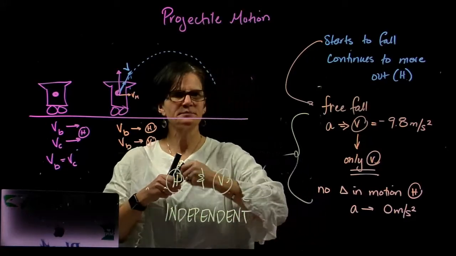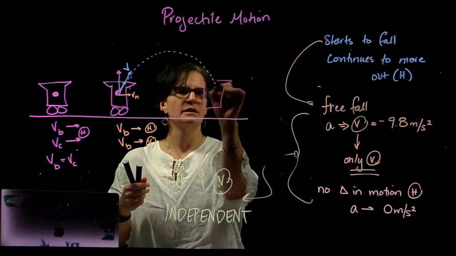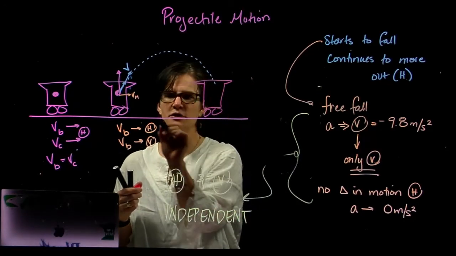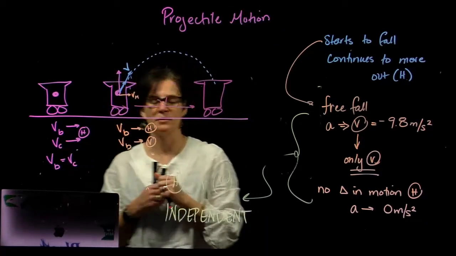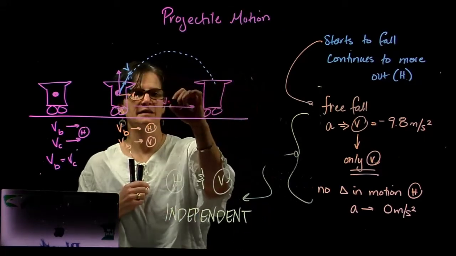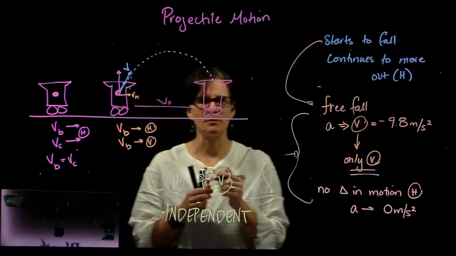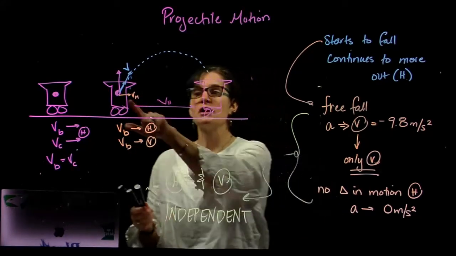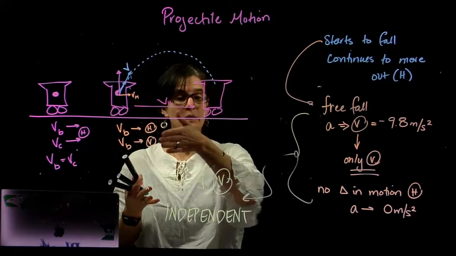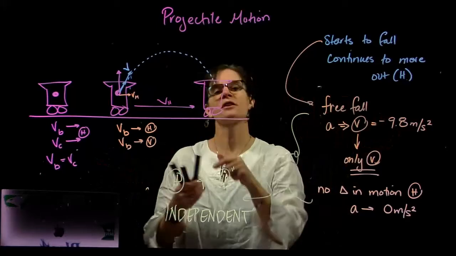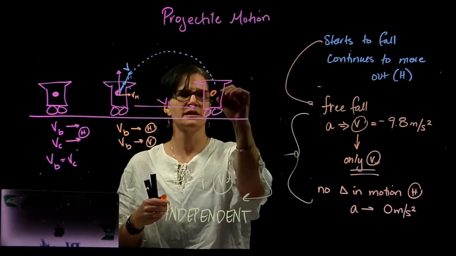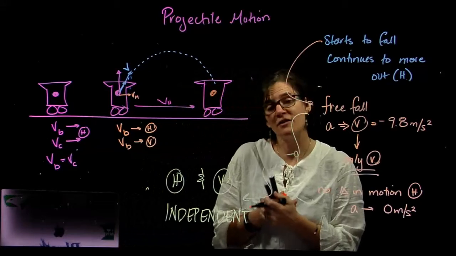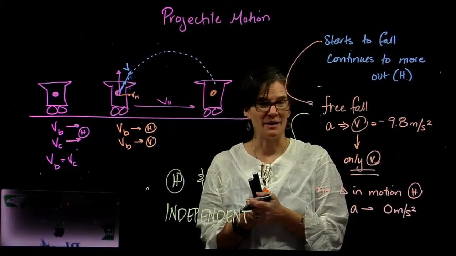Then, if my cart continues to move at the same velocity that it had before, horizontally, and the ball has that same horizontal velocity, unchanged, it's going to move along horizontally at the same rate the cart is. And as it leaves the cart, it'll cover the same horizontal distance and should land back in it.